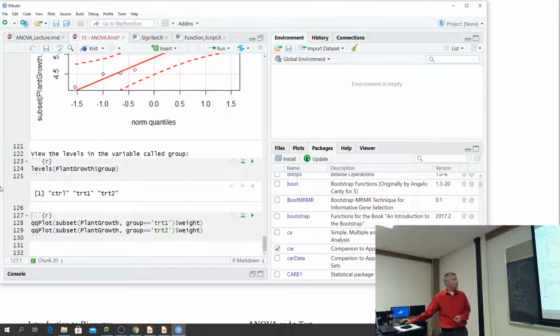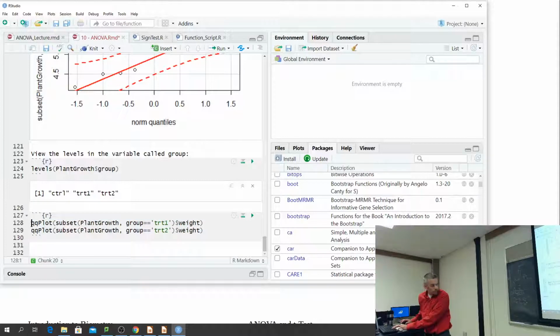So I use levels. Levels tells us the levels of a grouping variable. So levels of plant growth $group here tells me that I have 3 different levels: CTRL, TRT1, and TRT2. So once I know those, I'm going to do a series of these QQ plots.